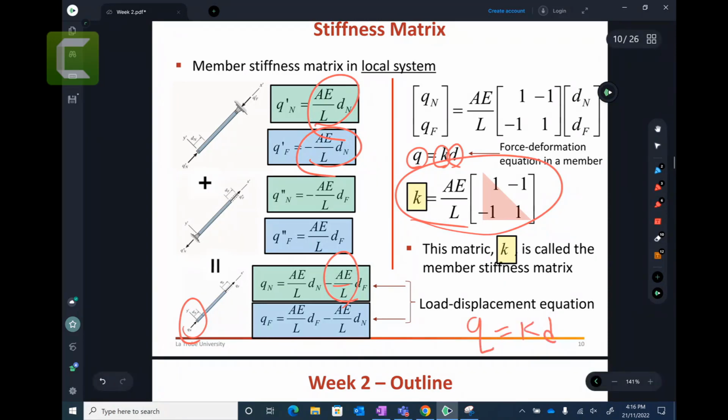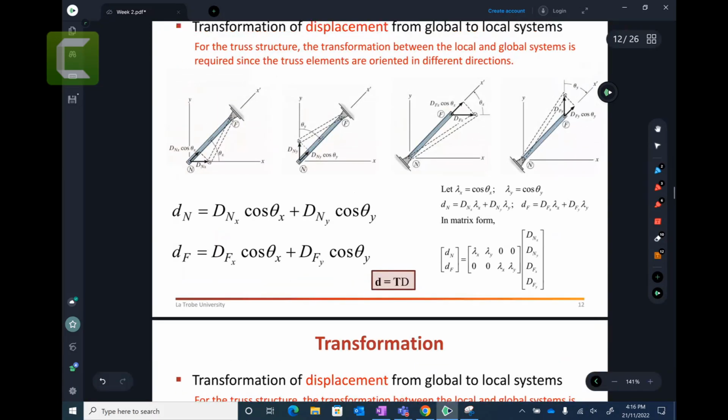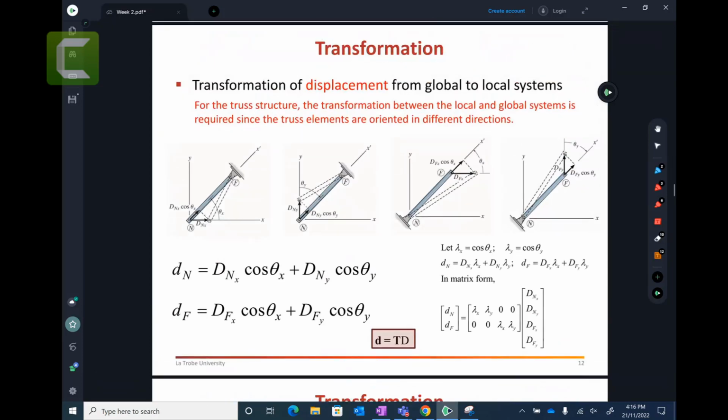And by the way, this is the local system. We take only one bar and we develop the relationship between the force and the displacement in the local system, right? Q equal to KD. I hope it is clear. Now let's do the transformation of the displacement from global to local, because as I mentioned, we have the relationship Q equal to KD, right? That is force in the local, displacement in the local, and stiffness matrix in the local system.